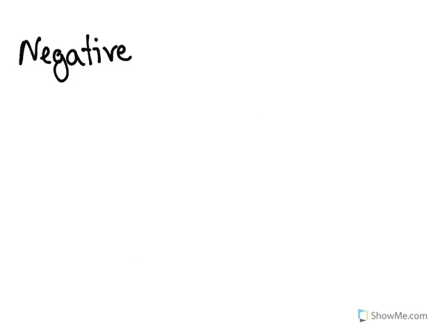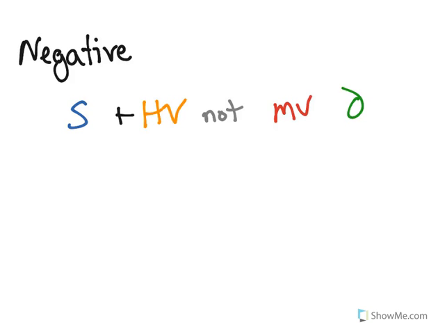In the negative, follow a similar pattern that I've seen before, where I start with my subject, then my helping verb, then I use not, the main verb, and then an object. Okay, let's look at an example of that.